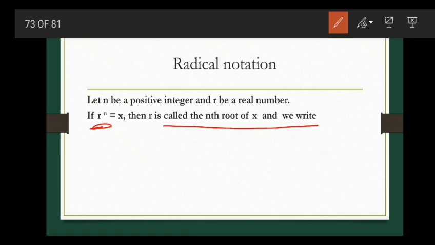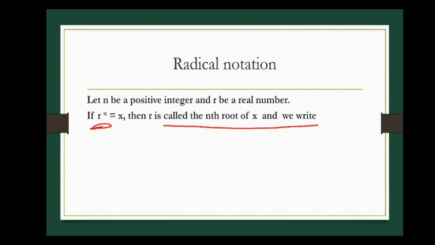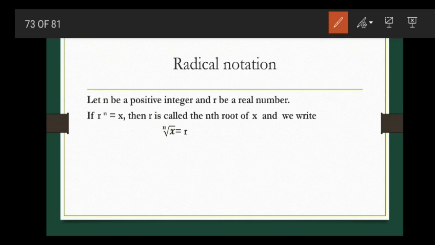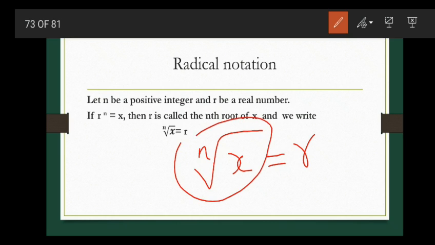So if you can multiply r with the same r n times, then we can write r power n is equal to x, and that r is called nth root of x. We can write it as root n x is equal to r, which means nth root of x we are getting as r.